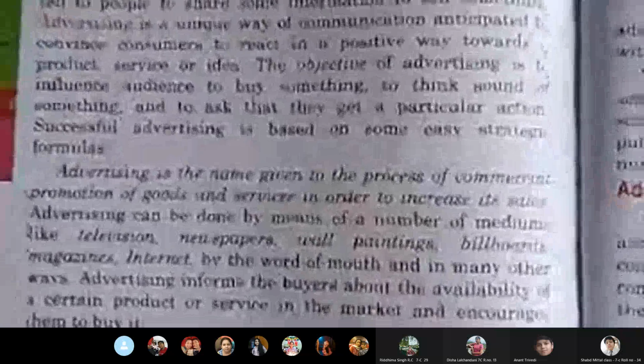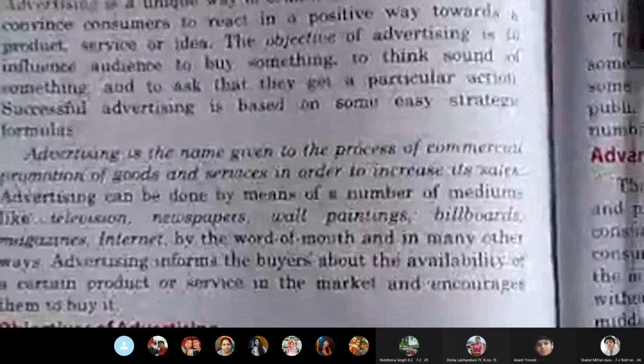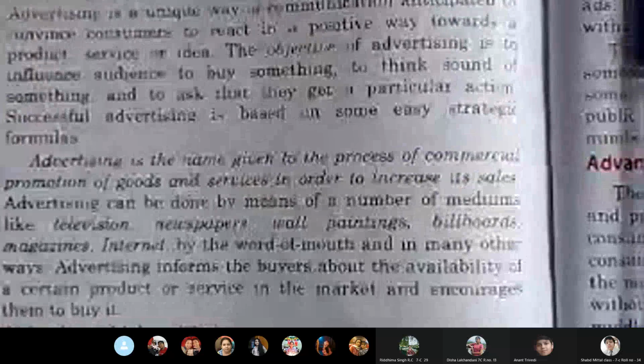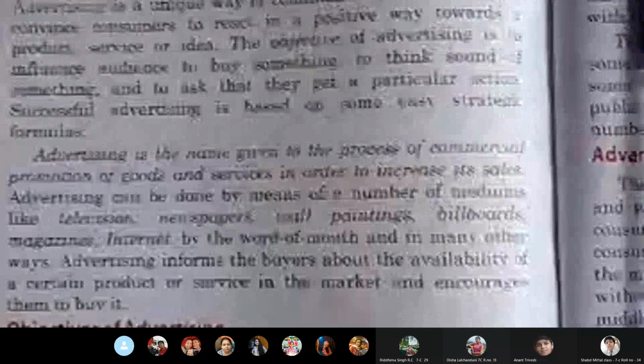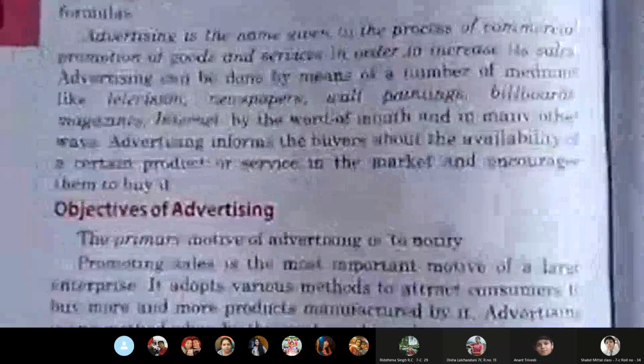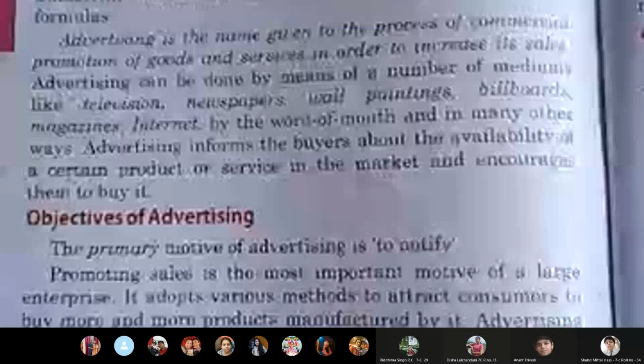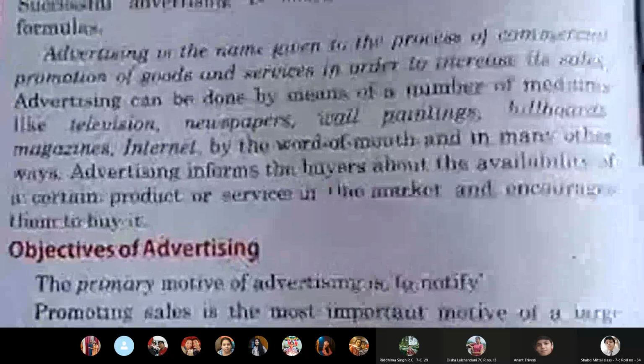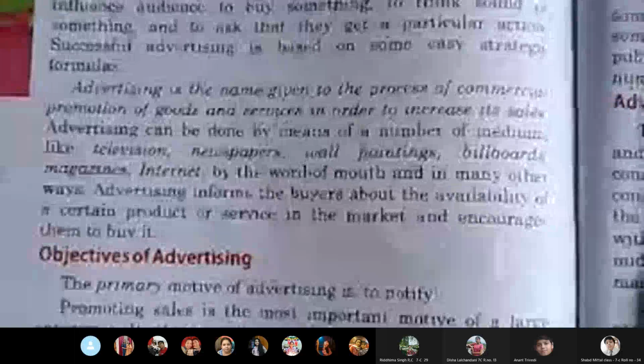You all must have seen in all these places how advertising has been very, very useful. Now, by word of mouth and in other ways also. By word of mouth means, supposing I like a particular product, I tell you, and you also say, okay, ma'am is saying, so that means it must be good. Let me try it out. So it is through word of mouth that it spreads also.